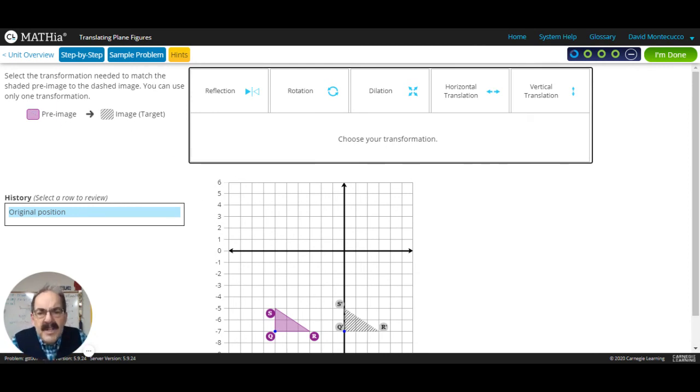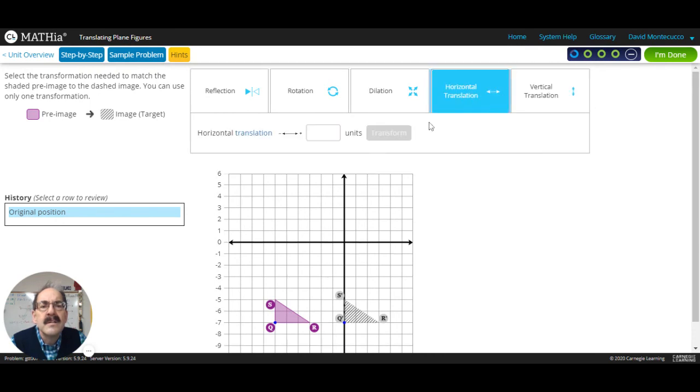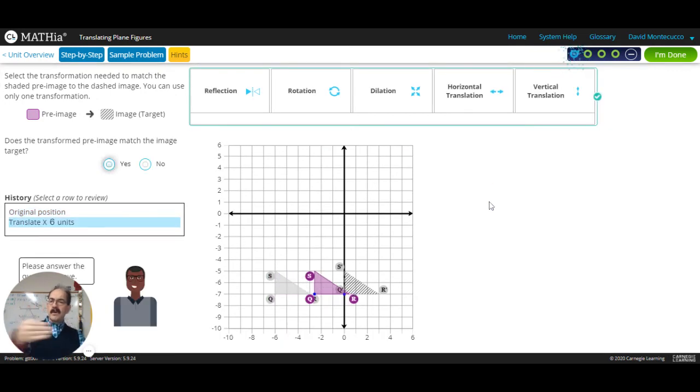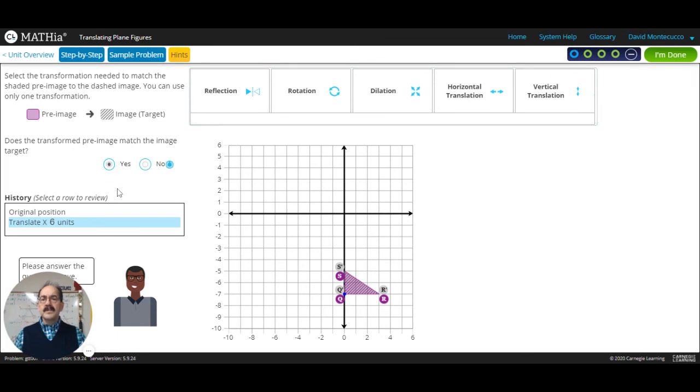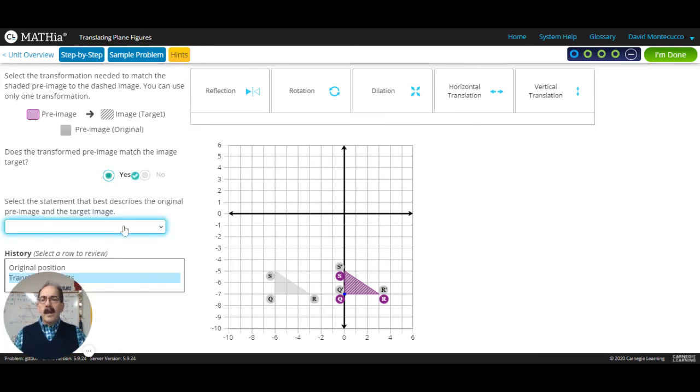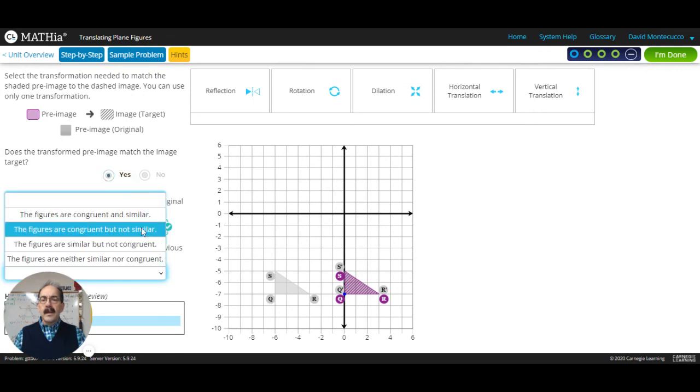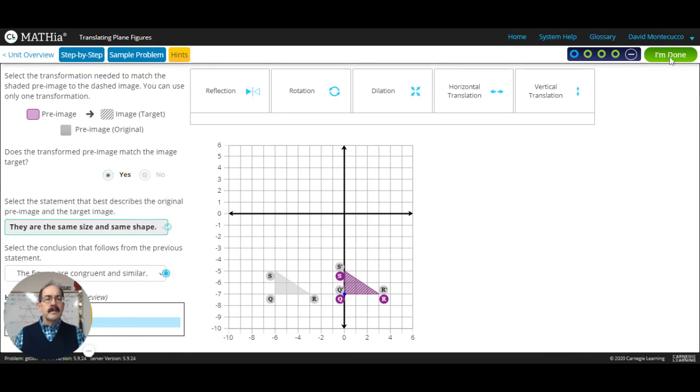So we're going this direction. 1, 2, 3, 4, 5, 6. Remember, these are all translations. This whole piece. So yes, and yes, and yes.